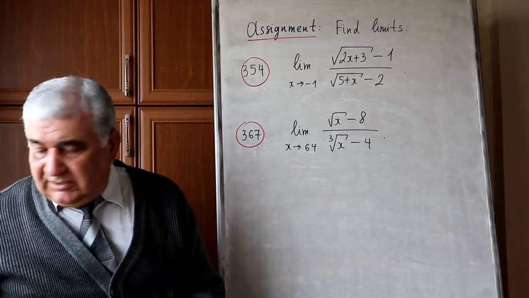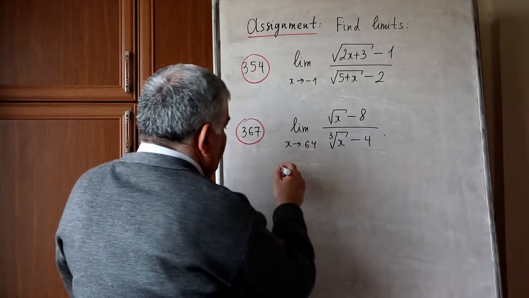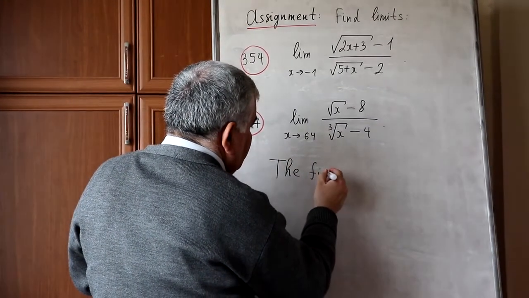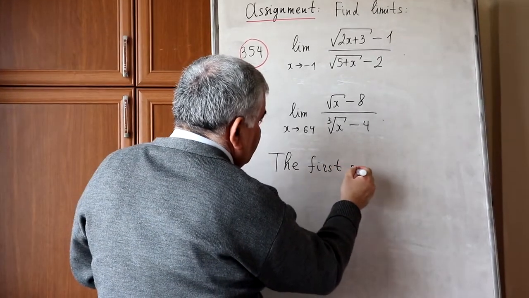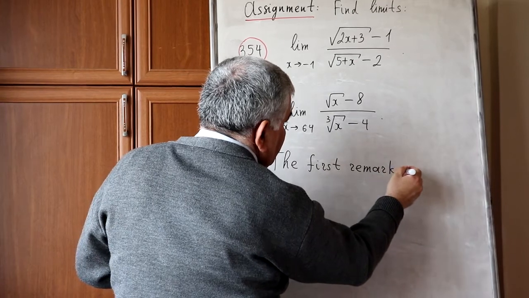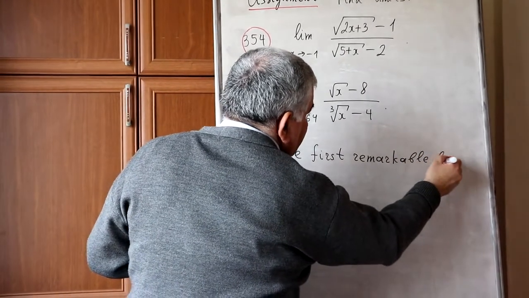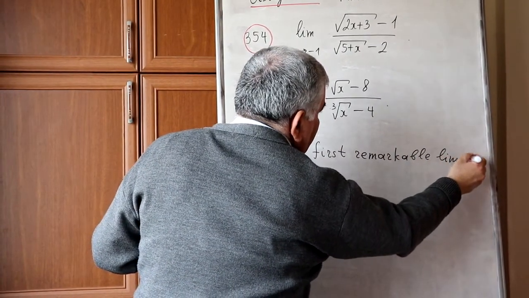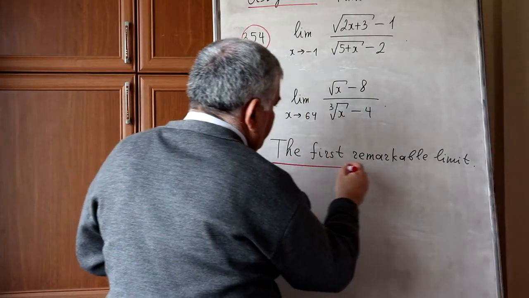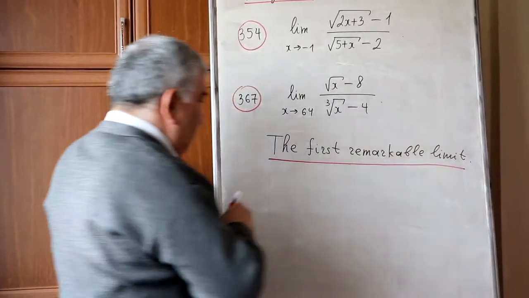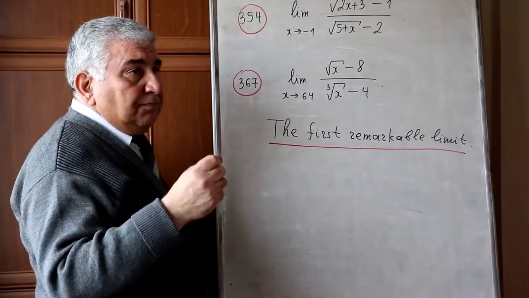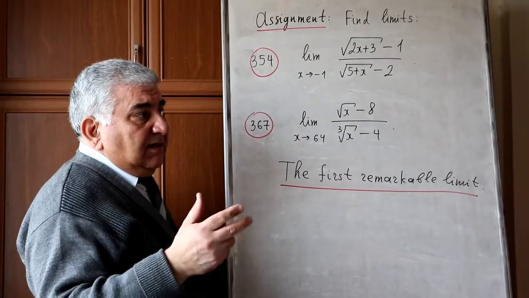The first remarkable limit. In Russian it is первый замечательный предел.